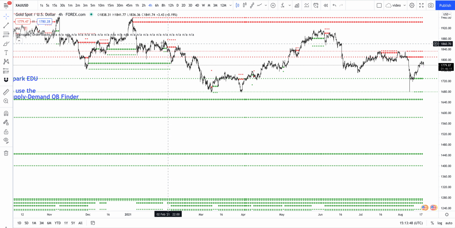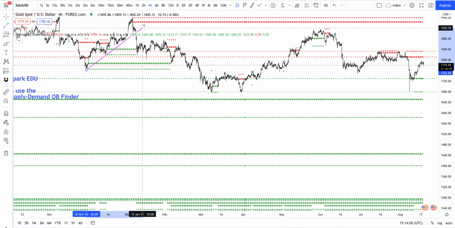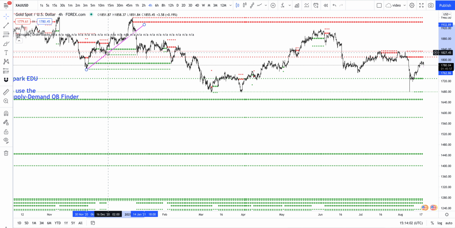The bounce was pretty weak because, as you can see, a little uptrend was broken. So we are now in a downtrend. So it's easy to understand that all the supply zones must be shorted and demands are basically the targets. So here was hit and almost this demand zone was also hit.